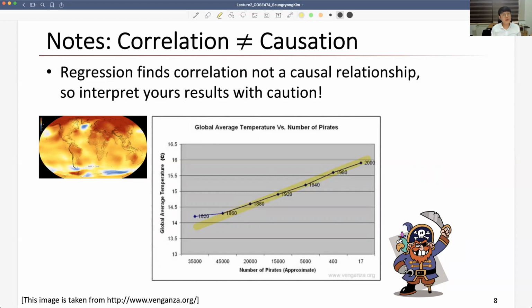But you can easily imagine that it's not real. It must be some coincidence. So when you think about the regression problem, you have to interpret your result with great caution. It means that the correlation found by the regression model is not a causal relationship. So you have to keep that in mind.